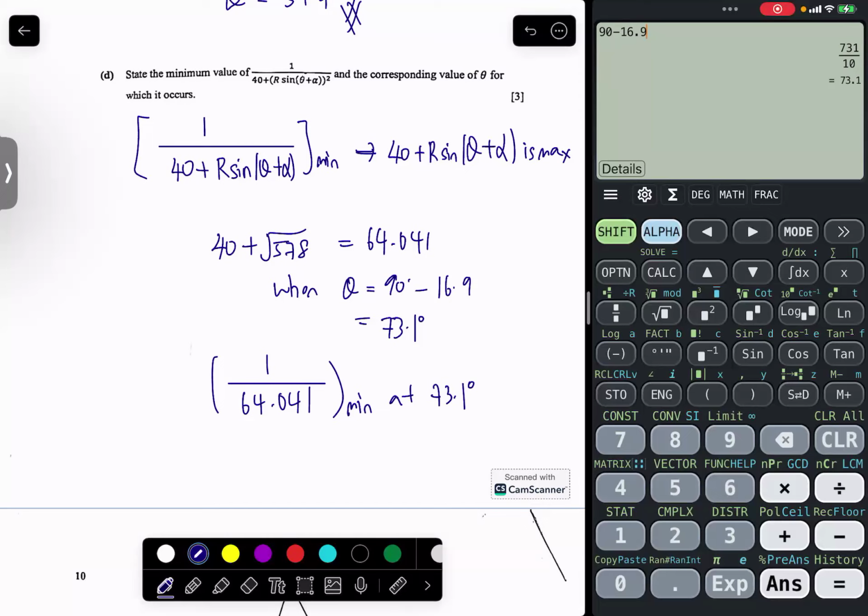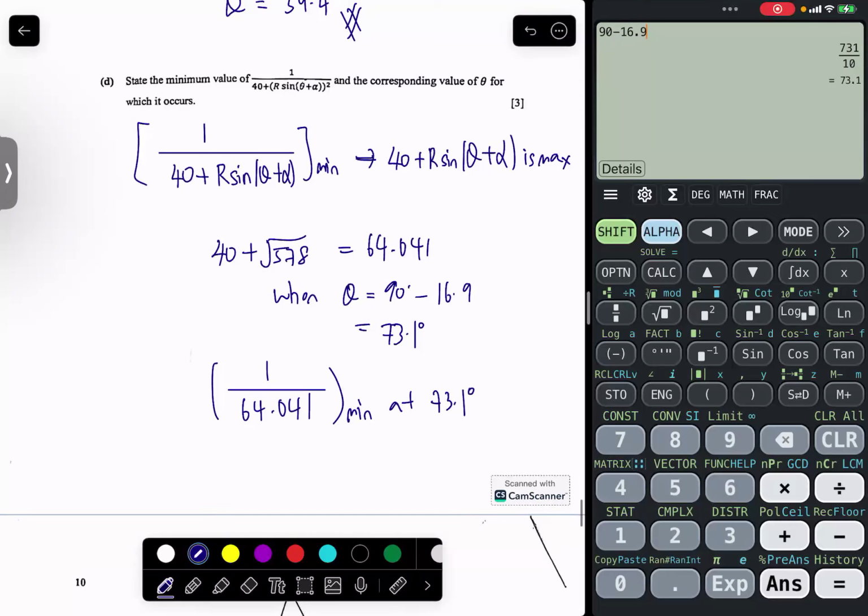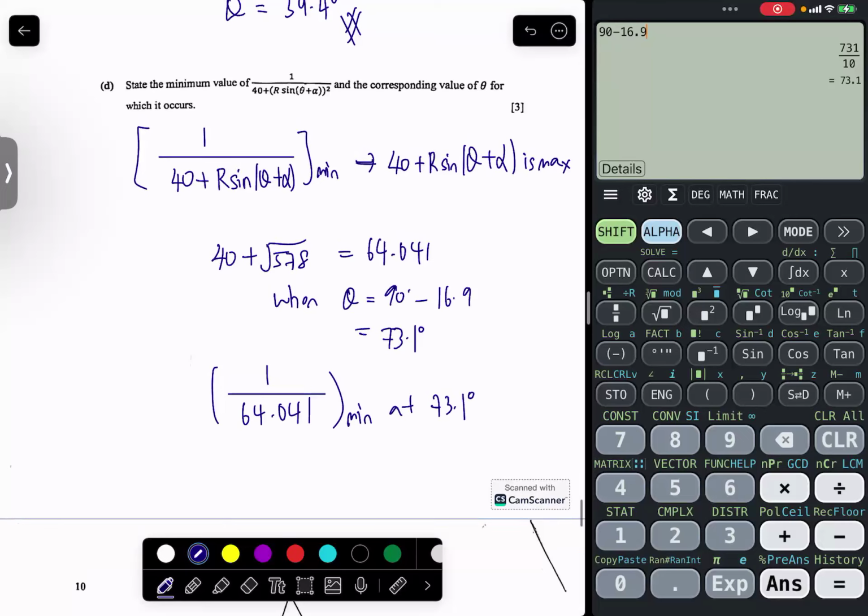Oh wait, there's a square. Sorry, I didn't see the square. So the 1 over 40 plus 578 goes to 1 over 6 only.